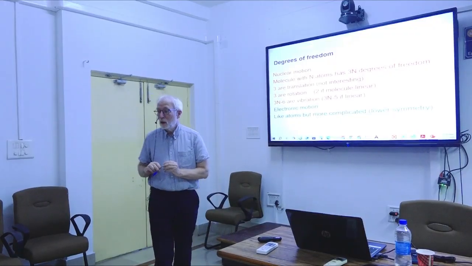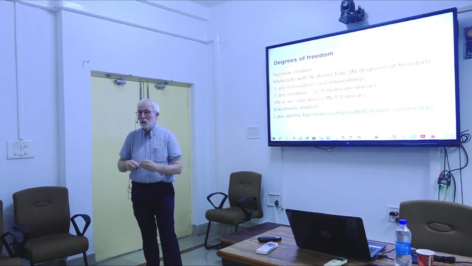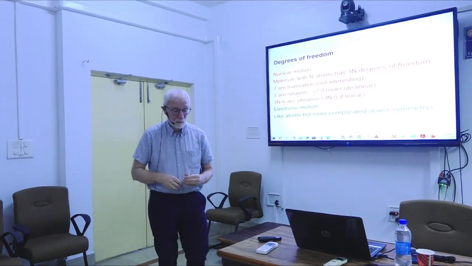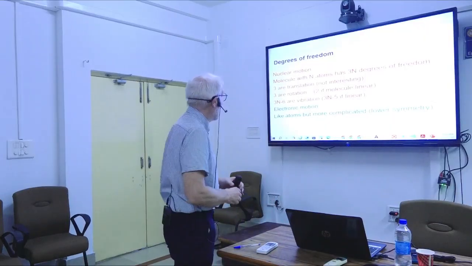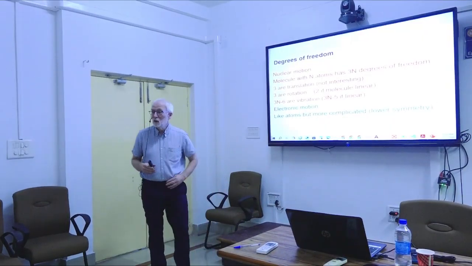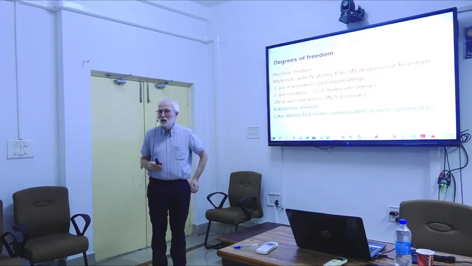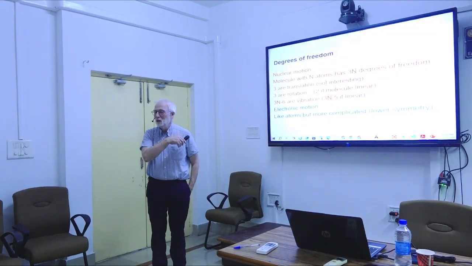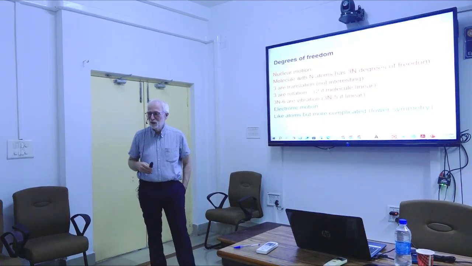So you only have 2 degrees of rotation, that one and that one, and you have an extra degree of vibration. And so you get 3n minus 6 vibrational modes in most cases, but 3n minus 5 in linear molecules. And if you take the obvious linear molecule case where n equals 2, 3n minus 5 means you get 1 vibrational mode.